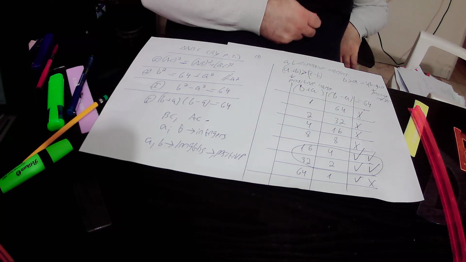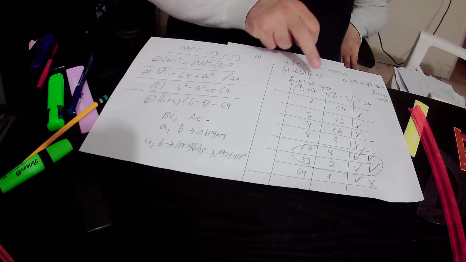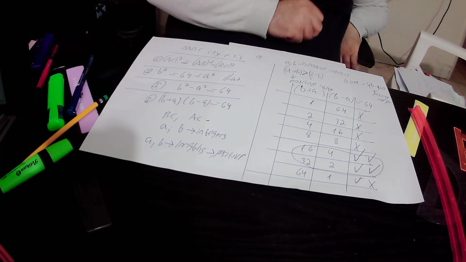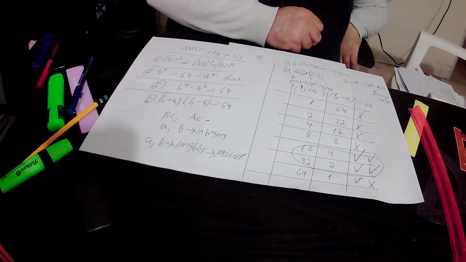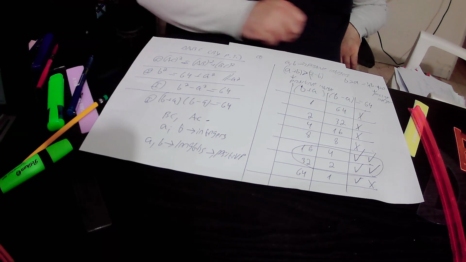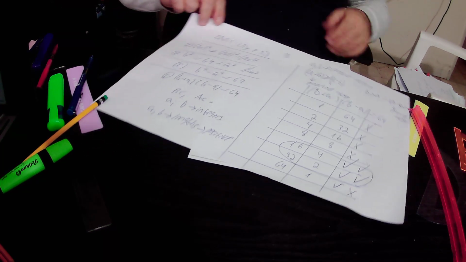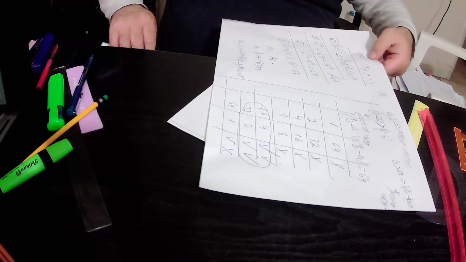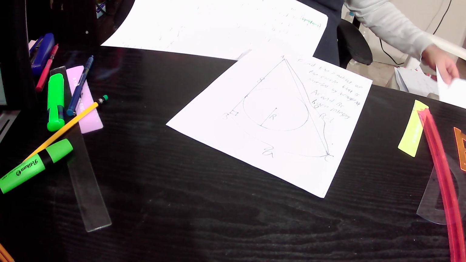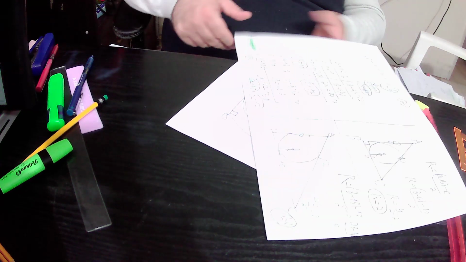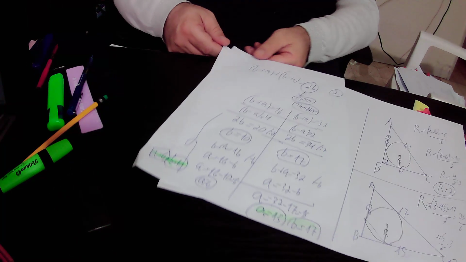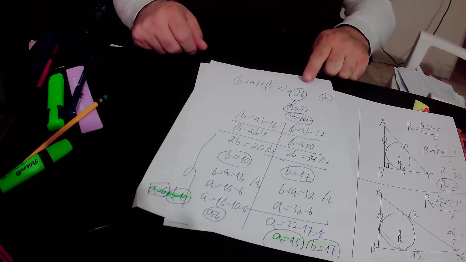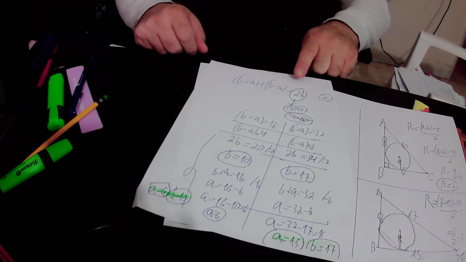Then we added B plus A to B minus A in order to find out what result we will get. B plus B is 2B and A minus A is 0.